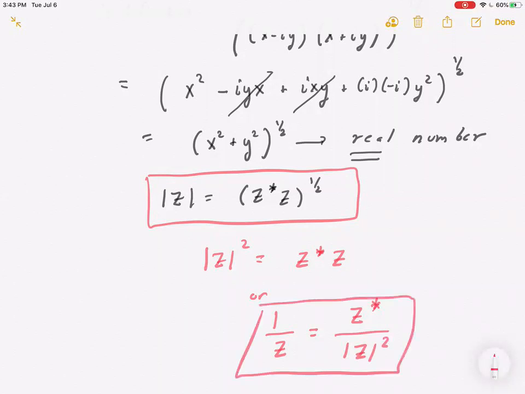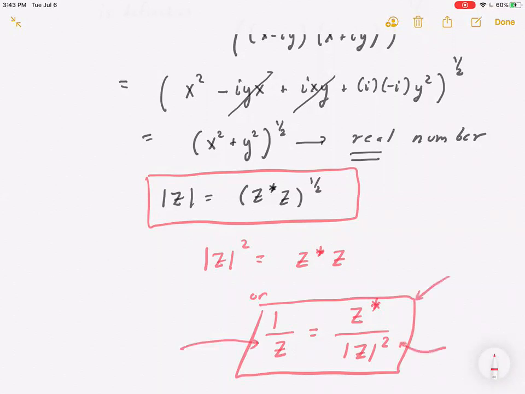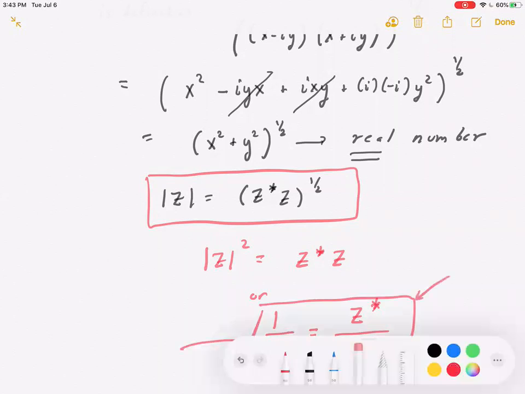So we know what it means to take 1 and divide it by a complex number. We just have to evaluate that numerator and that denominator.